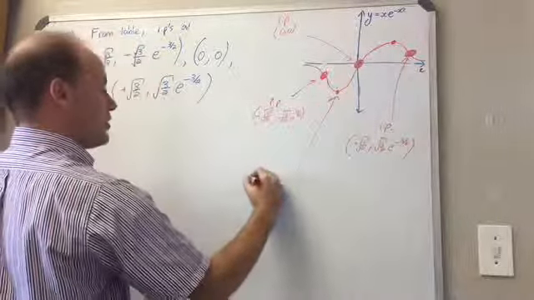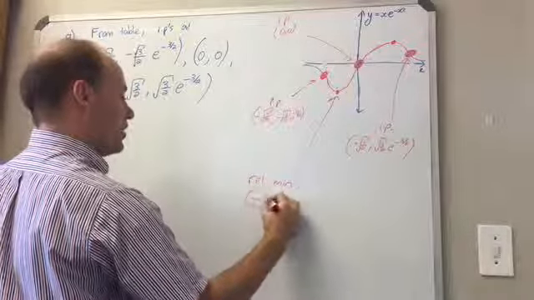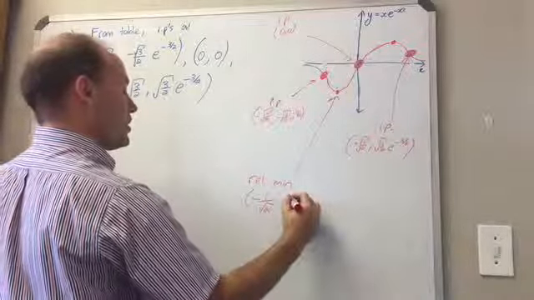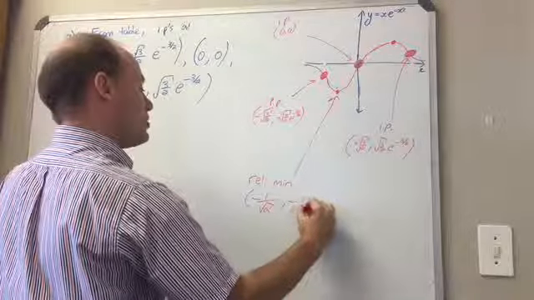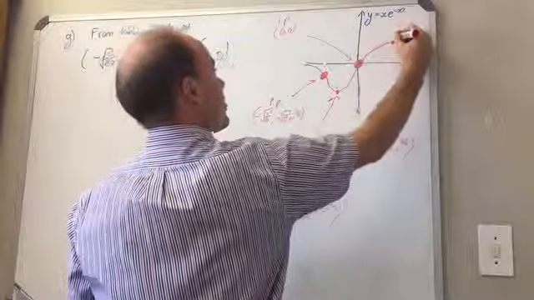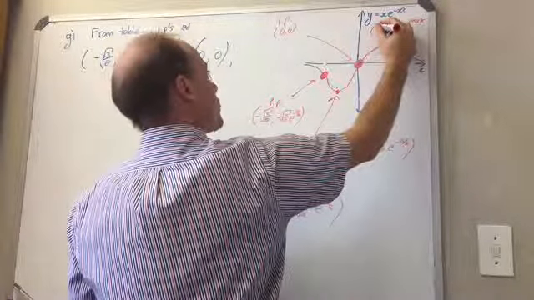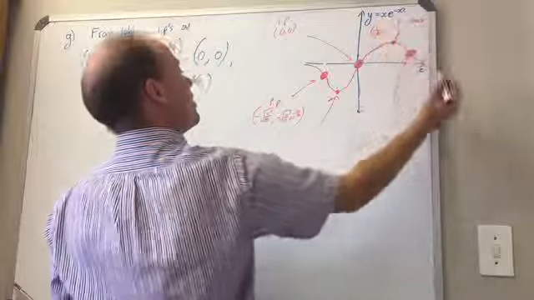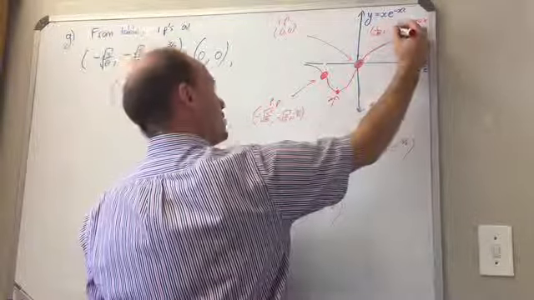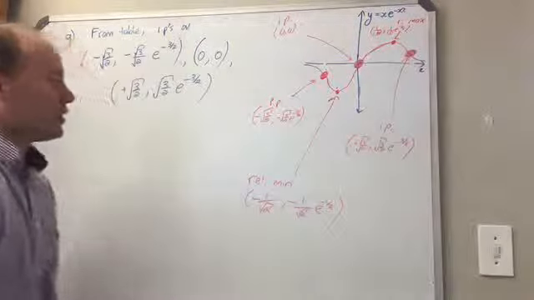This is a relative minimum, and its coordinates are minus 1 over root 2, comma, minus 1 over root 2 e to the minus a half. And this is a relative maximum, and its coordinates are plus 1 over root 2, plus 1 over root 2 e to the minus a half. Good.